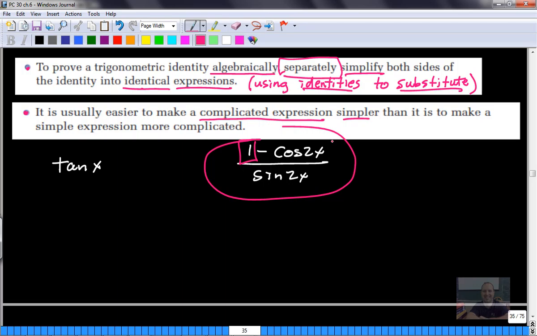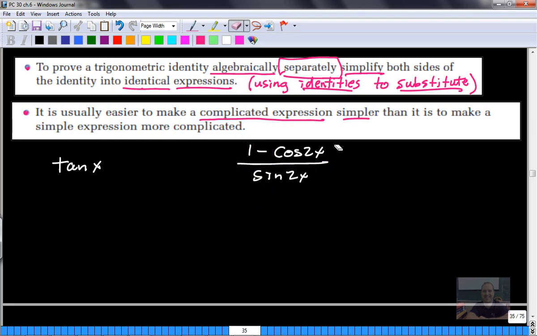Cos of 2x, there are 3 different ways you could write this. Sine of 2x, there's a different way to write that. So you see how this is more complicated, but we have a lot more options to do some substitution. With tan x, maybe the options are a little bit more limited. And so this is more to work with here.